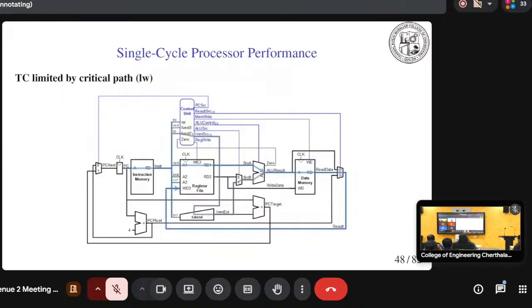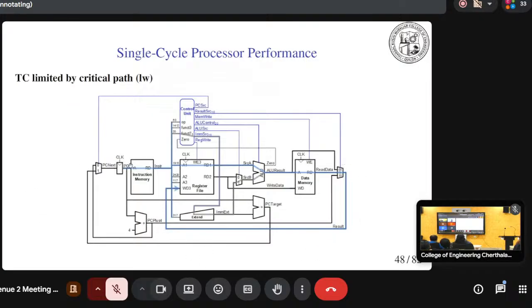So when I come to single cycle processor performance, it corresponds to the longest data path. And the longest data path is executed by the load word. In the blue color, you can see the data path for the load word.